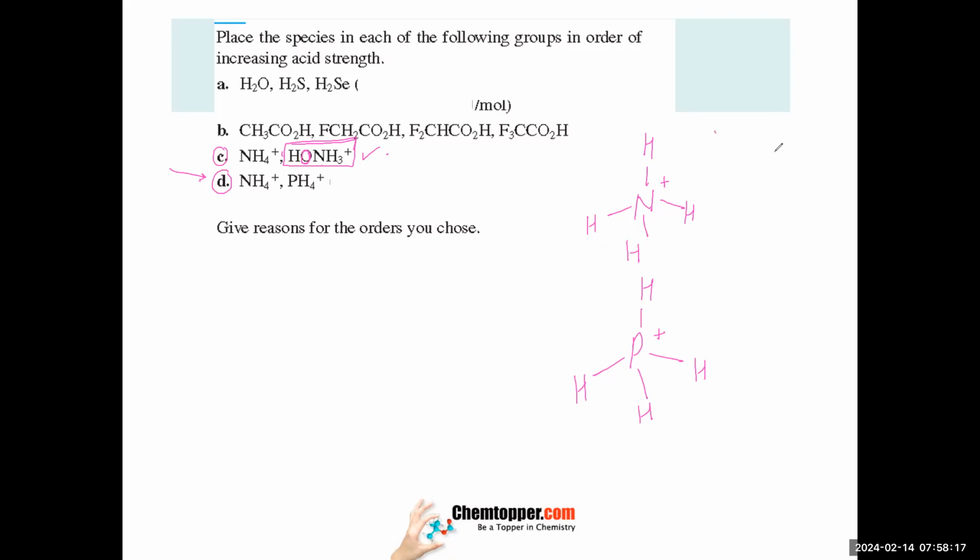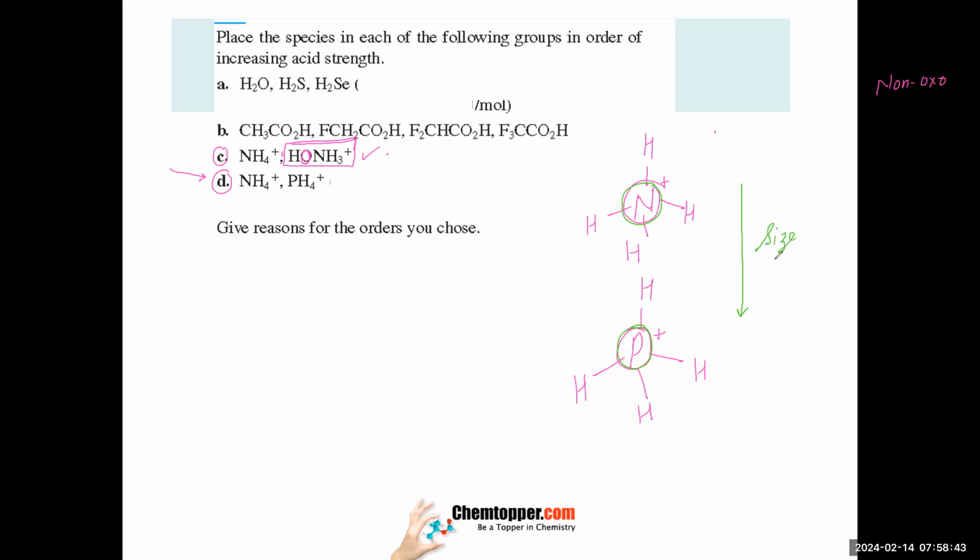You know that these are non-oxo acids. So first you decide, are they in the group or in the period? These two elements, nitrogen and phosphorus. Check the periodic table. In the group, as you move down the group, what are you going to compare? The size.